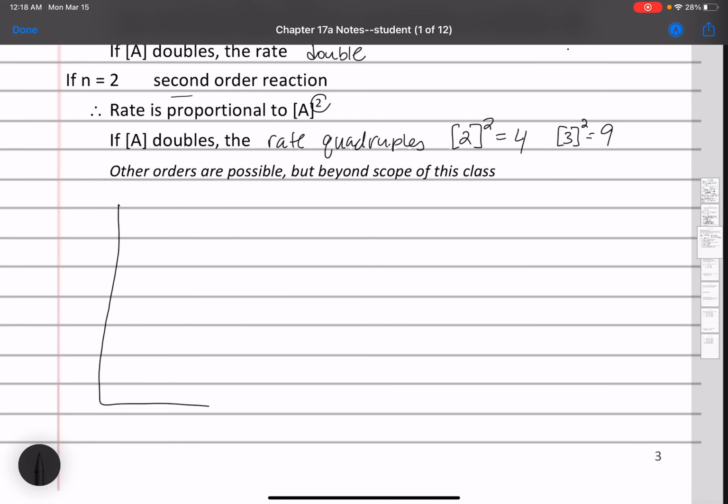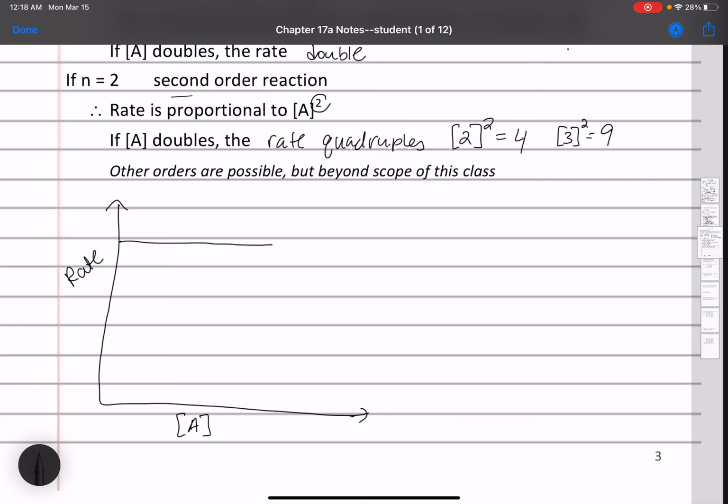If we have a first order, second order, or zero order reaction, all right, so a zero order reaction, if this is concentration of A on the x-axis, and this is the rate on the y-axis. Okay, so in a zero order reaction, it does not matter what the concentration is.